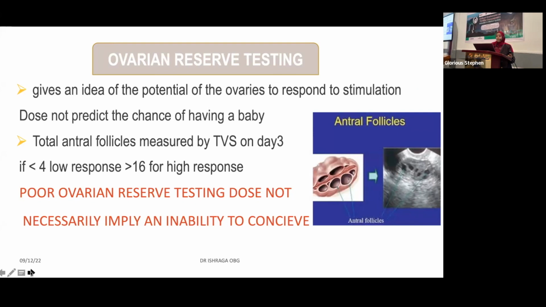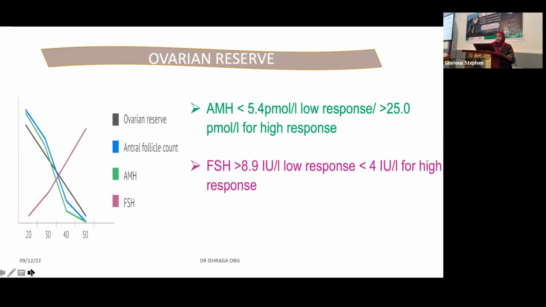Poor ovarian reserve testing does not necessarily imply an inability to conceive. Ovarian reserve can also be checked with anti-Müllerian hormone and the FSH level. With increasing age, there is a drop in the antral follicles and anti-Müllerian hormone, and an increase in FSH.